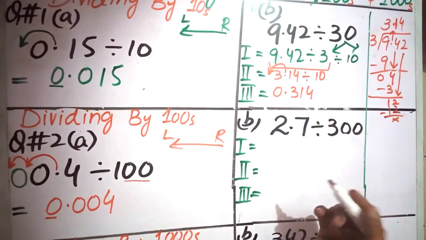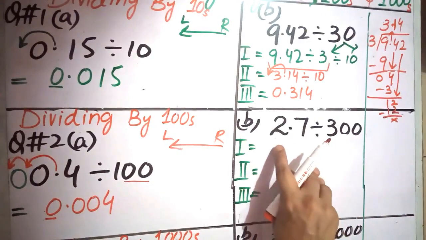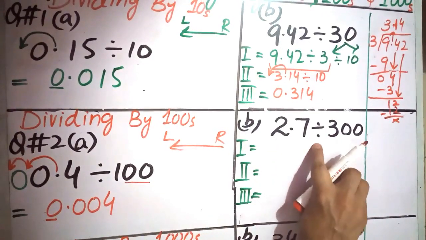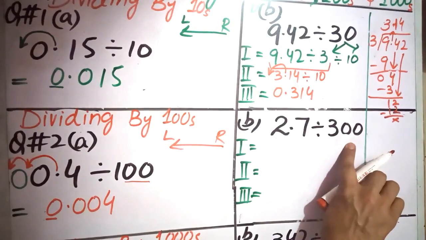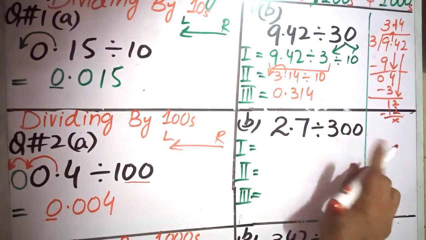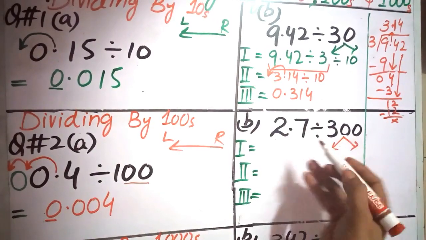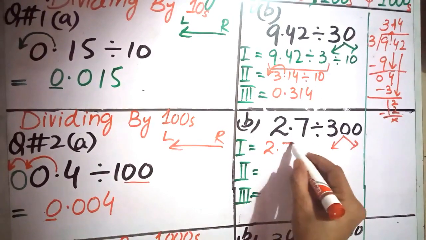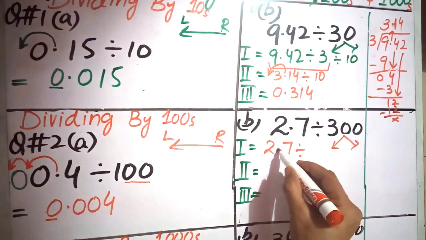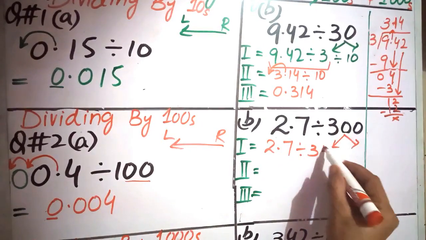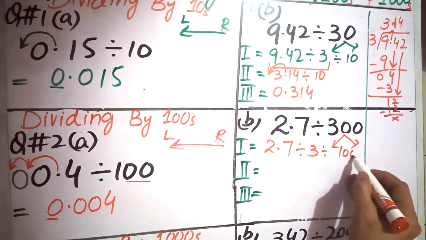Now in B part, you can see we are having 2.7 divided by 300. 300 is the multiple of 100. We will split the number as well: 2.7 divided by 3 divided by 100.